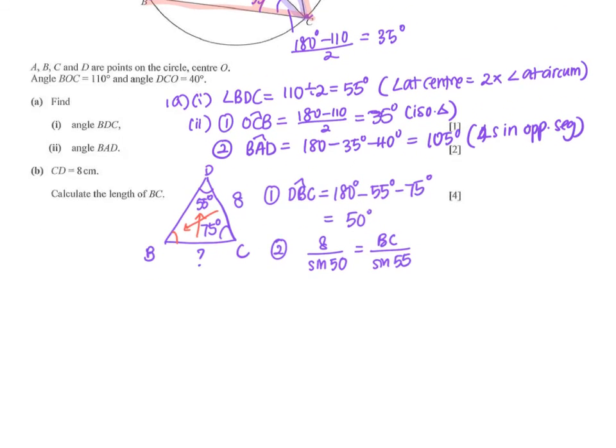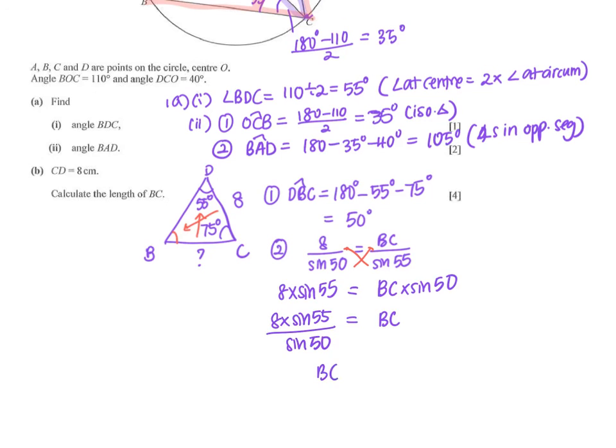Okay, doing a cross multiplication, we get BC times sine 50 equals 8 times sine 55. Now we want to find BC, so we divide by sine 50, and we get the answer for BC.